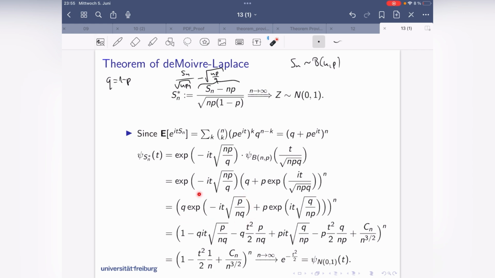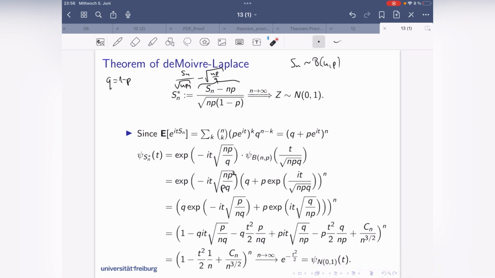And in the other term I have this pi here, e to the power it divided by square root npq from here, and here i to the minus it, p divided by nq, which I could also write as p squared divided by pq, like so.